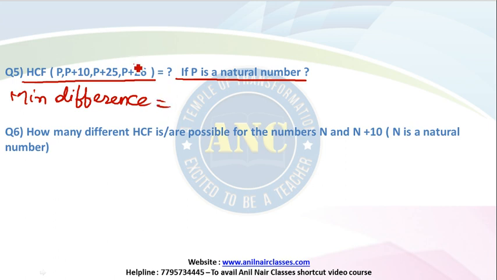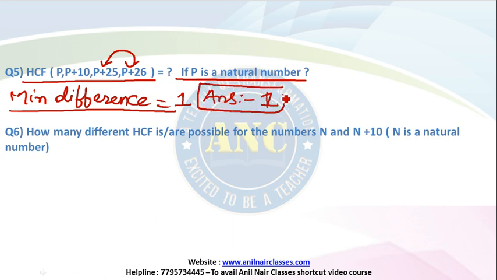P plus 26, P plus 25. Minimum difference is nothing but 1. Factor of 1 is 1. One way to look at it is answer is 1 because the minimum difference is nothing but 1. This is method 1. Method 2.